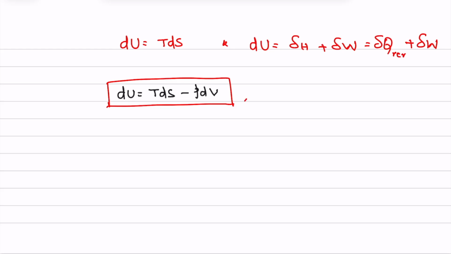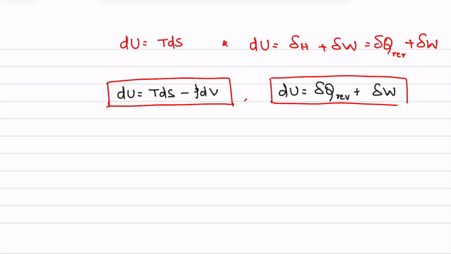The second controlling equation is du is equal to delta Q plus delta W. These two are the controlling equations, and if PdV is equal to 0, that implies du is equal to TdS, and du is equal to delta Q reversible.